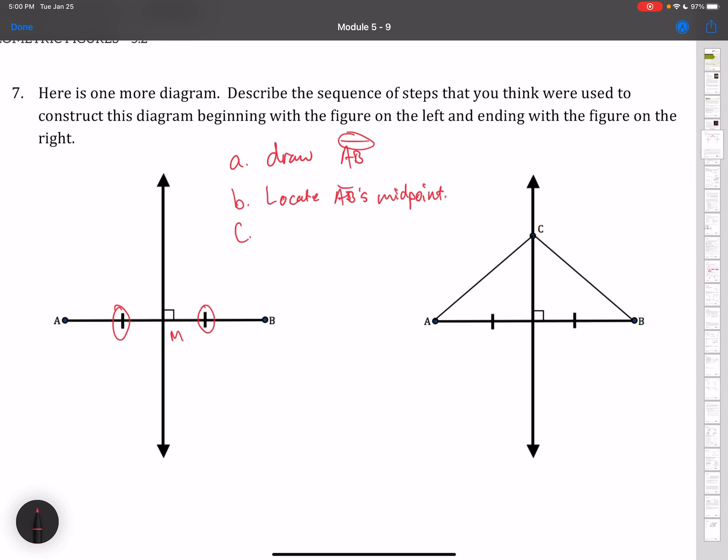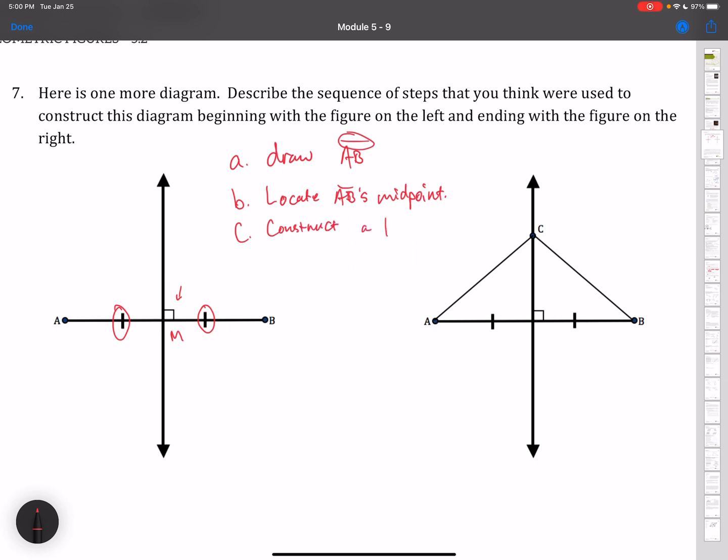Then C, the third step, is construct a line perpendicular to AB through that midpoint, M, right? So we see this little perpendicular line. So construct, which we'll learn how to do these constructions a little bit later too.